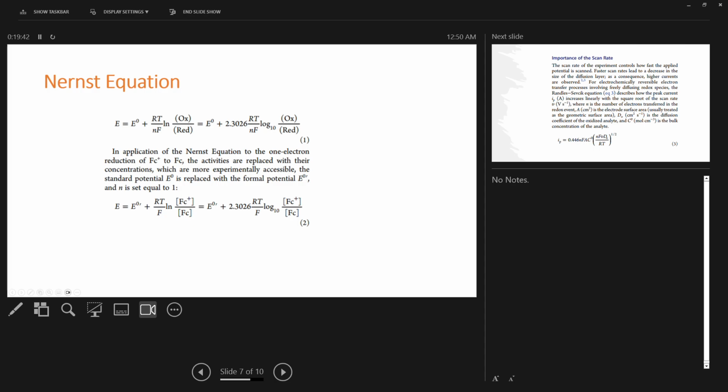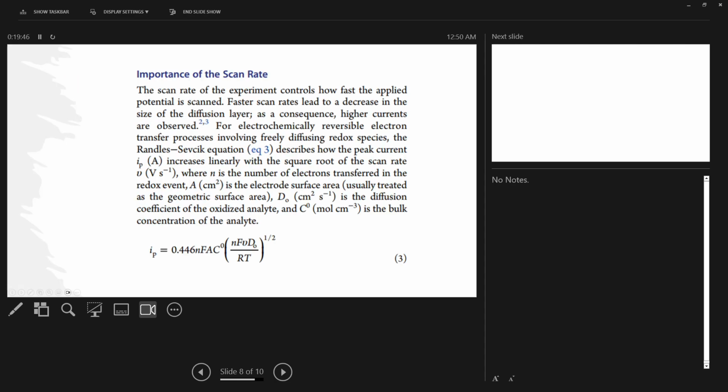Now the next important thing is the scan rate. Scan rate shows the volts per second applied to the surface of the cathode. The higher the scan rate, as we can show from here, this v is the scan rate. The Randles-Sevcik equation describes the behavior of peak current as the scan rate changes.